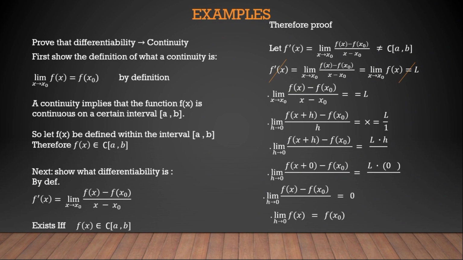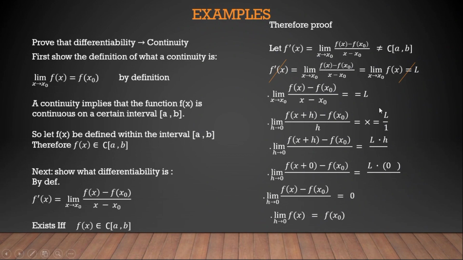Good. So now let's get into the actual proving. So let f prime of x be equal to this guy here, right? And then we prove by contradiction: say it is not continuous on a comma b, then the opposite of continuity is a limit.